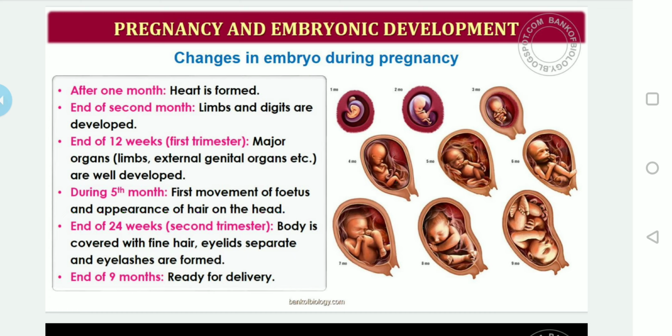Then eyelashes are also formed. Then by the end of the 9 months of the pregnancy, the fetus is fully developed and it is ready for delivery. So these are all the changes, or we can also say the embryonic developmental stages we can identify during pregnancy.